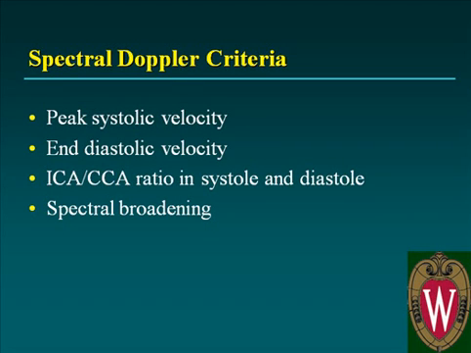Now we'll talk a little bit about spectral Doppler criteria in the diagnosis of carotid stenosis. There are different parameters that are used, the most common being peak systolic velocity and diastolic velocity, the ICA-CCA ratio both in the peak systole and in diastole, and then finally the presence or absence of spectral broadening.